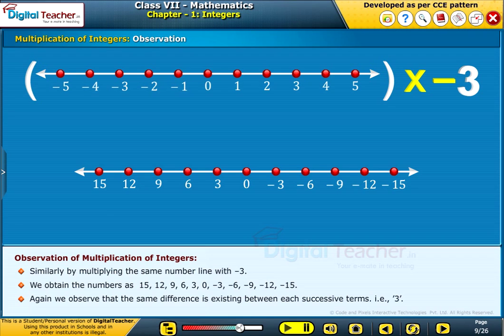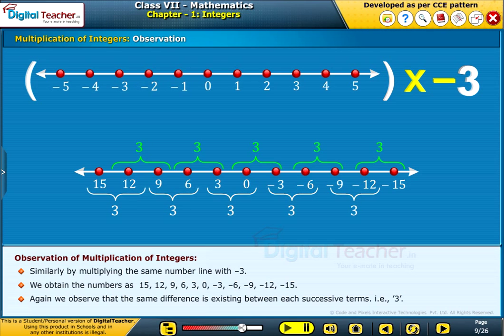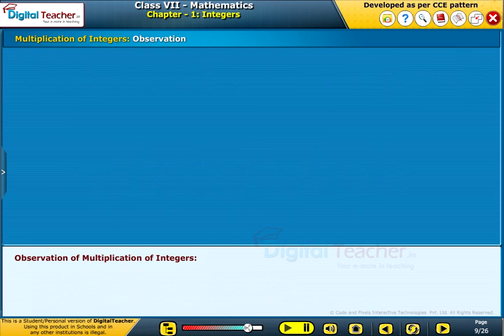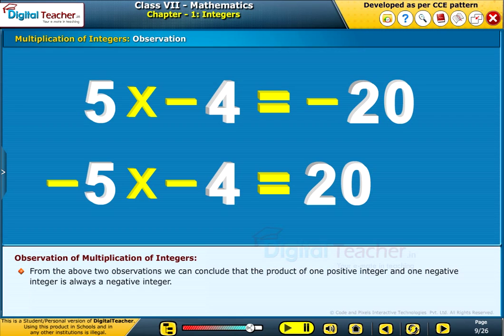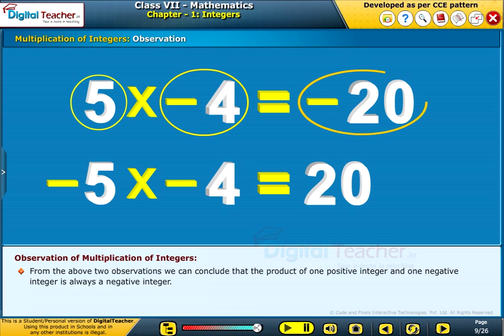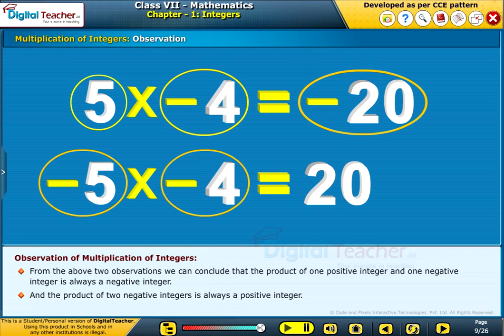Again, we observe that the same difference is existing between each successive terms, that is 3. From the above two observations, we can conclude that the product of one positive integer and one negative integer is always a negative integer, and the product of two negative integers is always a positive integer.